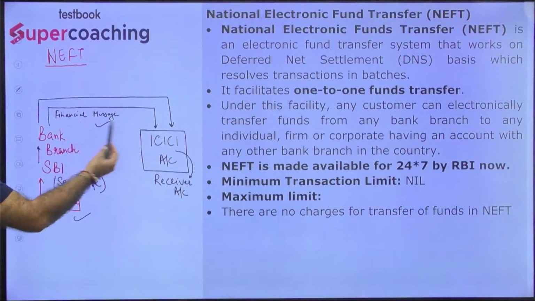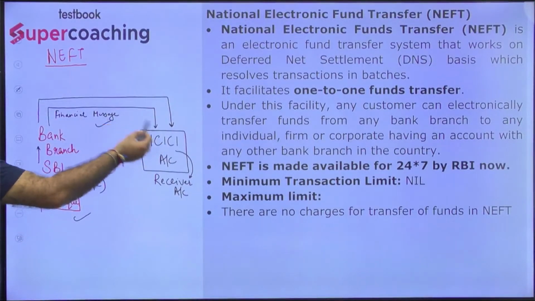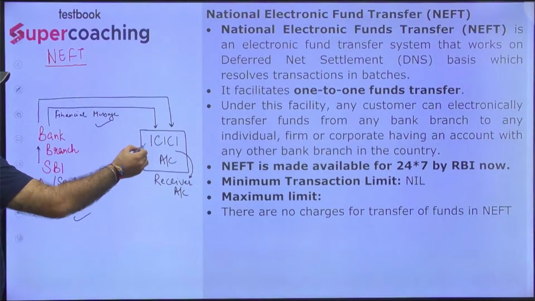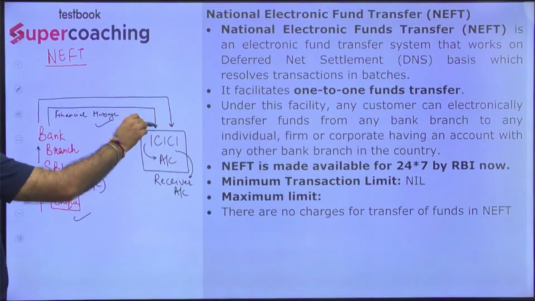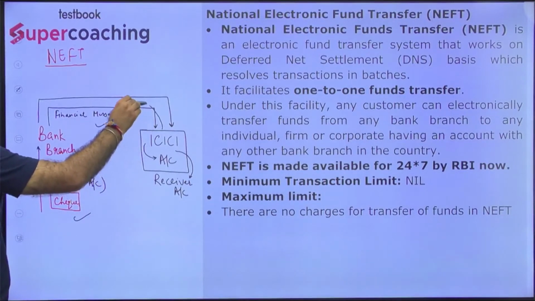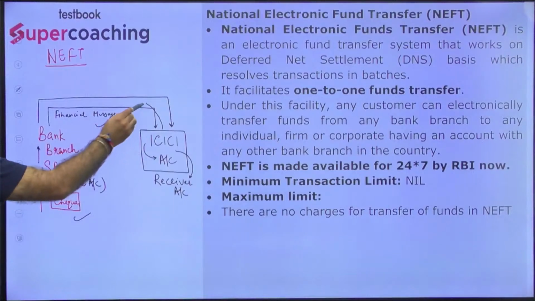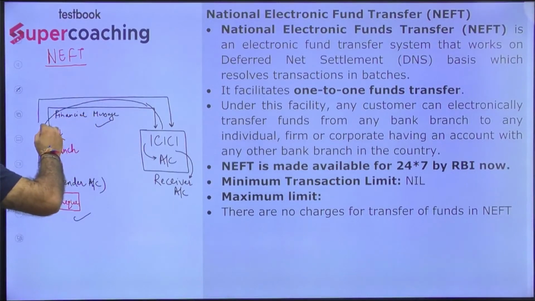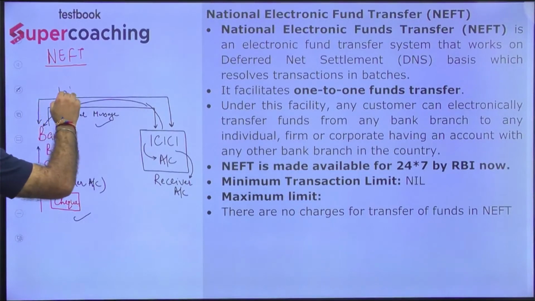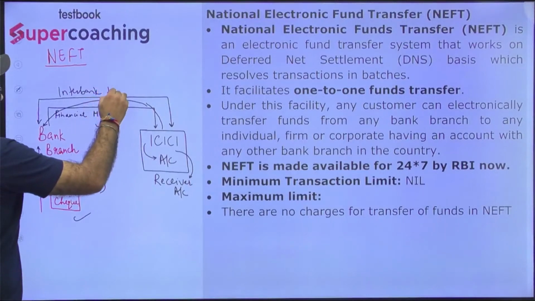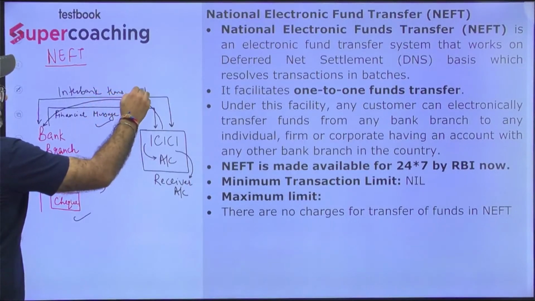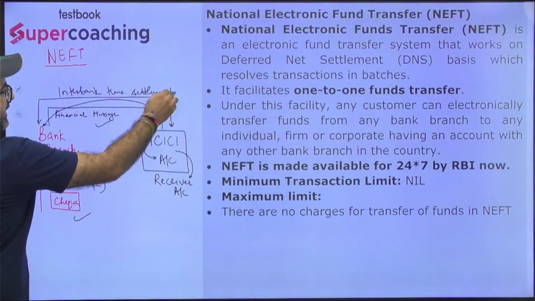The moment ICICI receives the message, ICICI will itself credit the amount into your account, and sends an acknowledgement that yes sir, the amount has been credited. And later on, these two banks will make interbank settlements. They make interbank transaction settlements. So this is how the interbank transactions are done.